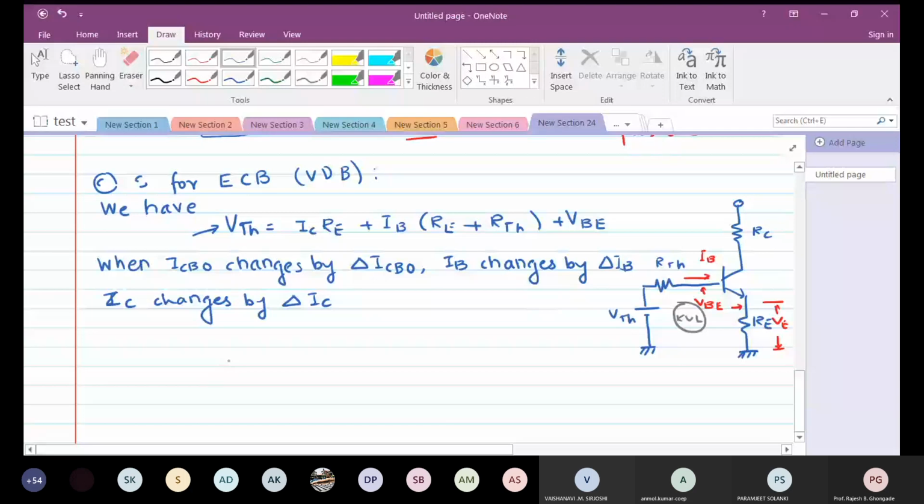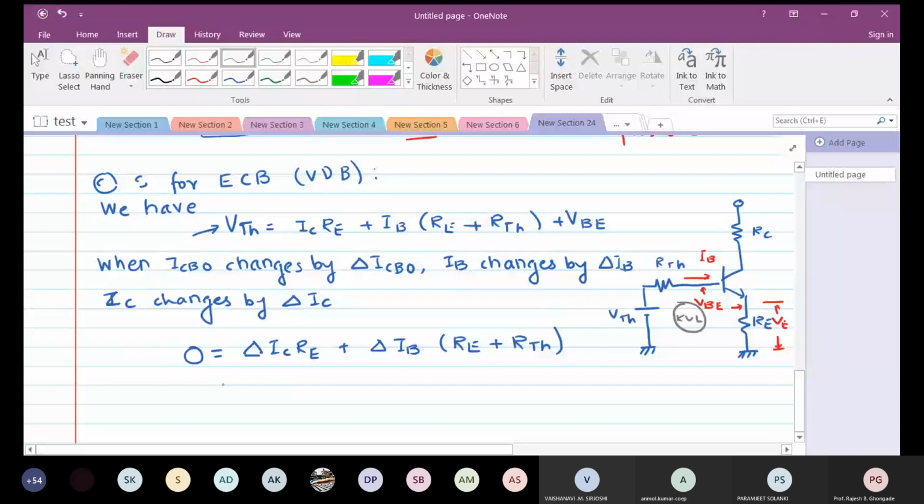So is VTH going to change? No, it is not going to change. So again, on the left hand side, I am having 0, which is equal to delta IC into RE plus delta IB into RE plus RTH.